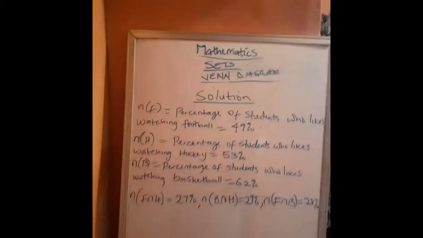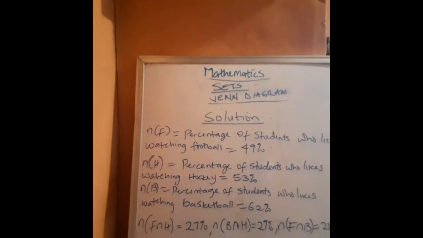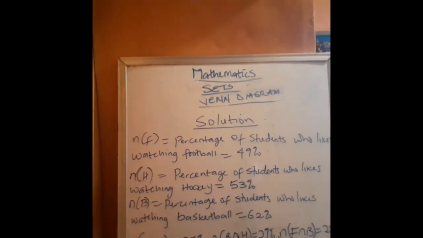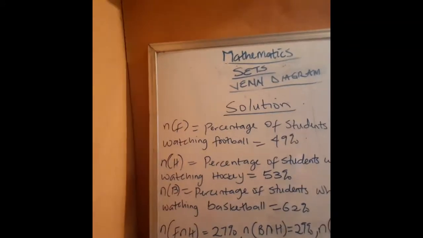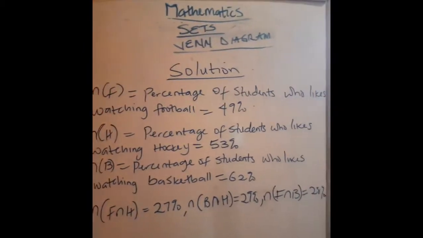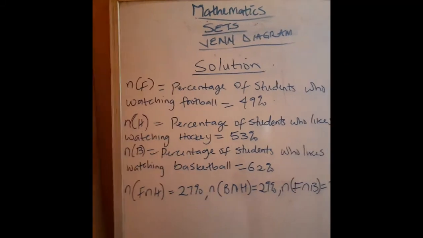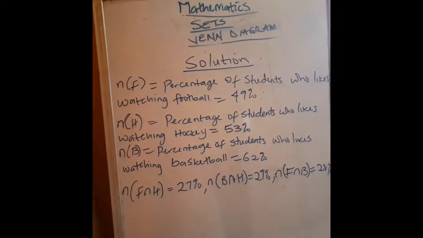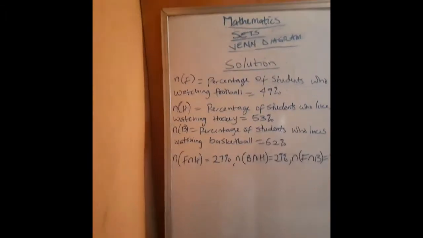Okay, so this is the solution to the question that we wrote before. So the question was talking about students who like different forms of game, like football, basketball and hockey. So when you are trying to solve any question of a diagram, it's essential and important that you list out what you are given in the question for better understanding.